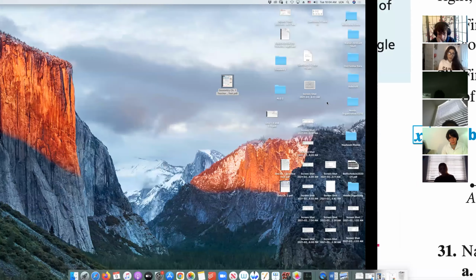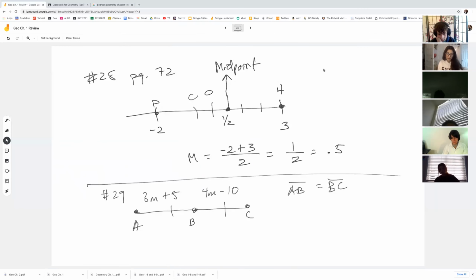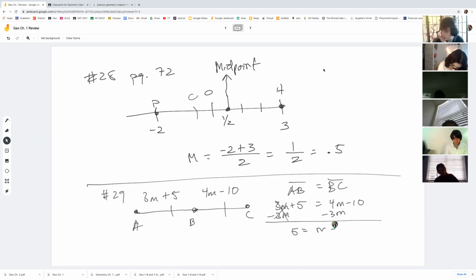Let's go ahead and solve it. If AB is equal to BC, we can say 3M plus 5 is equal to 4M minus 10. Now we can simply subtract 3M, those cross off, and you get 5 is equal to M minus 10. Add 10 to both sides, and M equals 15.